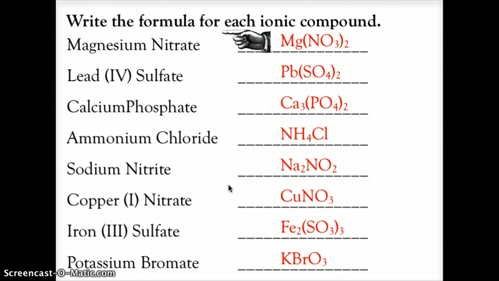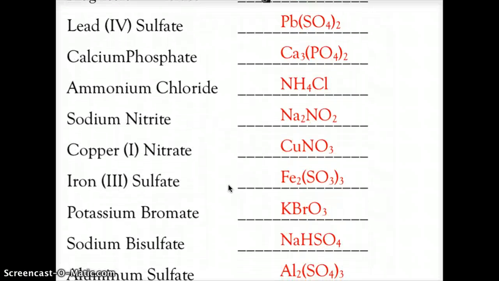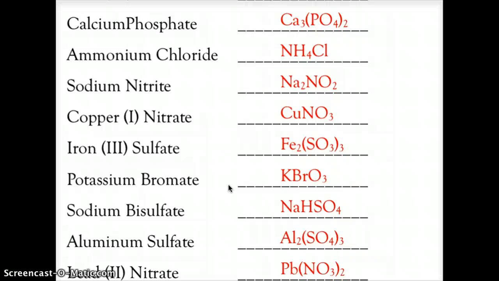Sodium nitrite is NaNO2. Copper nitrate is CuNO3. Then you have iron sulfate, Fe2(SO3)3. Potassium bromate is KBrO3.